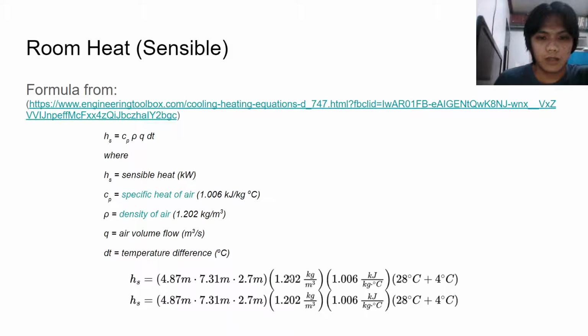And then we multiplied that by the air density, which is 1.202 kilograms per cubic meter, and by the specific heat of air, as well as with the temperature difference. This is from freezing to the room temperature.